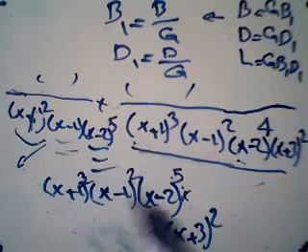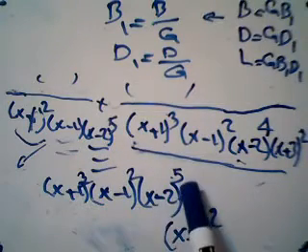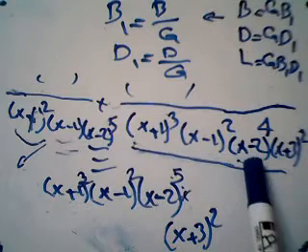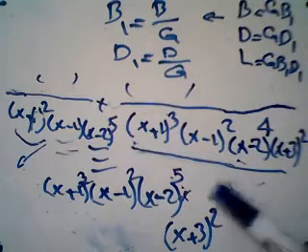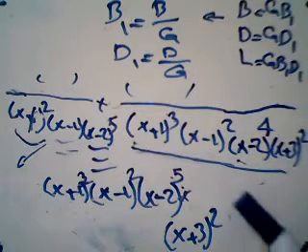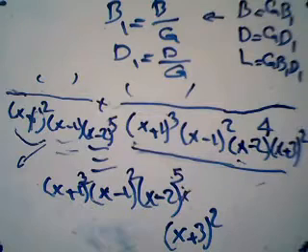And here we got x minus 2, and here also we got x minus 2, but in the least common multiple, the bigger power appears. And here also we got x plus 3 squared, which is not a common factor, x plus 3 is not a common factor between them.